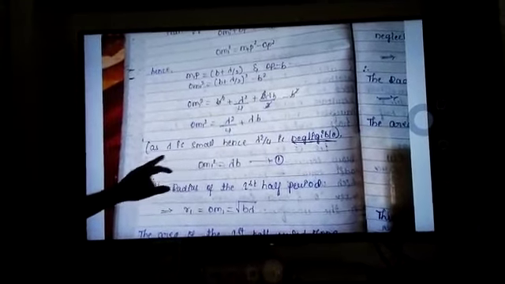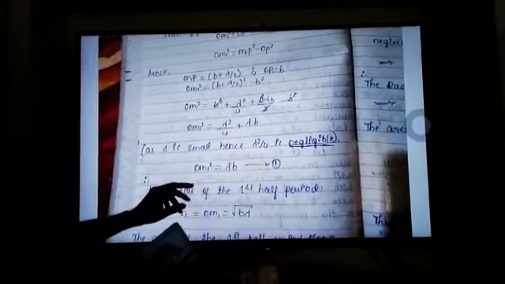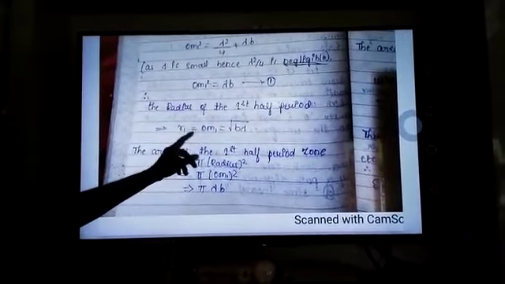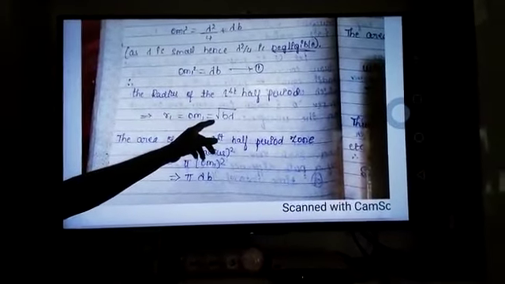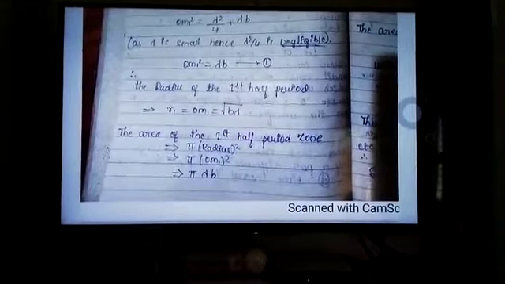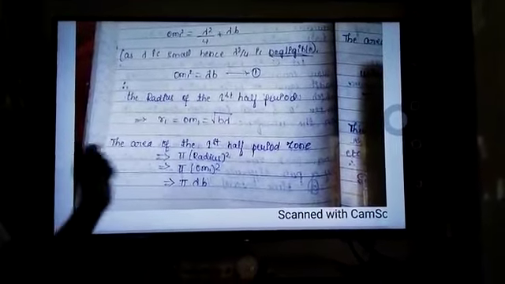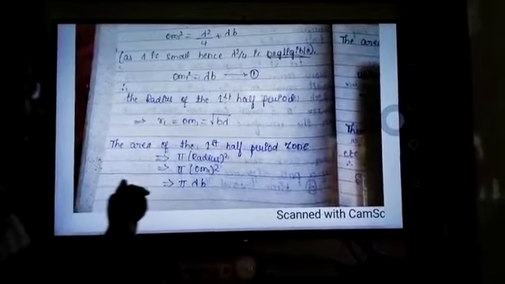Lambda square by 4 is negligible, hence the radius of the first zone r1 is equal to OM1, which is equal to square root of b lambda.